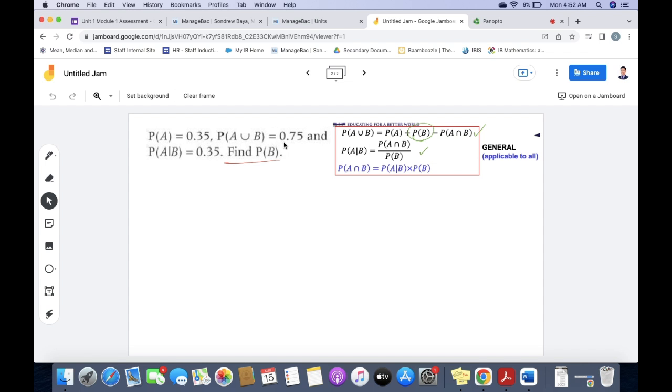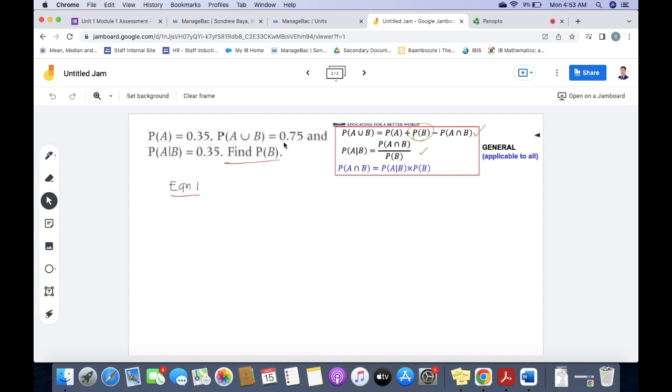Since we have no other choice to find the probability of A intersection B, what we can do instead is substitute the given to the two laws, and by doing so we can come up with two different equations. So we have our equation 1 using the first law.